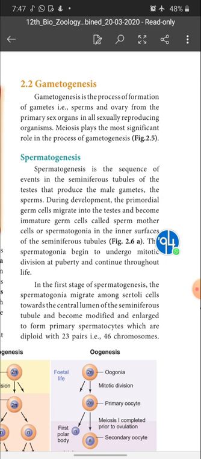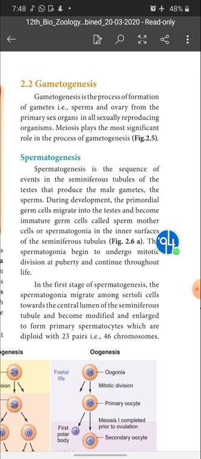Not only in human, in all sexually reproducing animals, the sex cells have only a haploid number of chromosomes. You know very well, children, the number of chromosomes in each species is constant, isn't it?